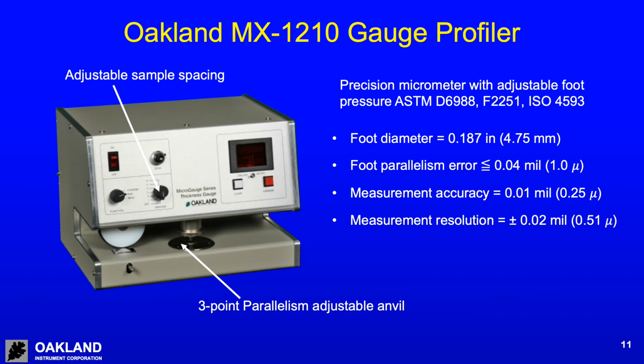So as the foot starts to wear, the anvil is hardened. It's not going to wear out. And the foot is designed to be unscrewed and replaced if it gets severely worn. You can level this thing for slight wear in the foot.